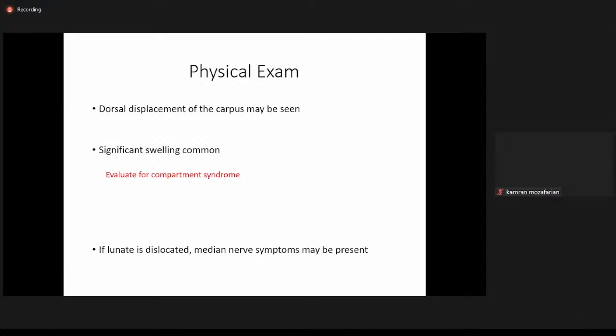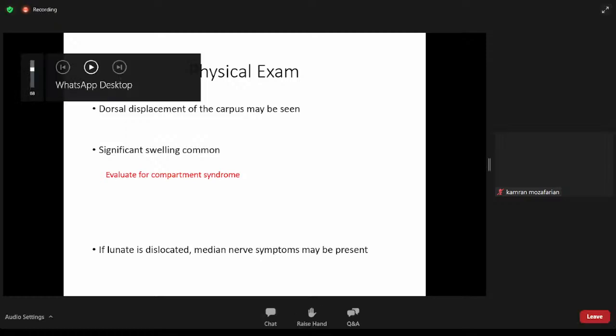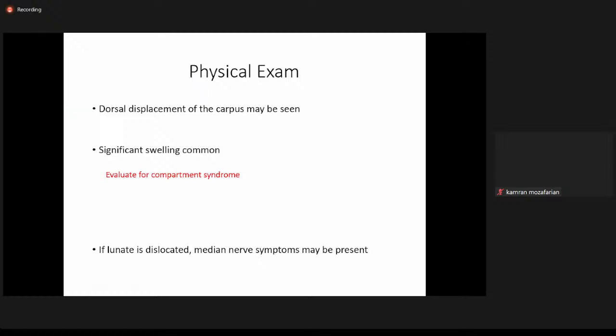In physical examination, dorsal displacement of the carpus may be seen. The patient may have significant swelling, and evaluation for compartment syndrome is mandatory. If the lunate is displaced into the carpal tunnel, median nerve symptoms may be present.